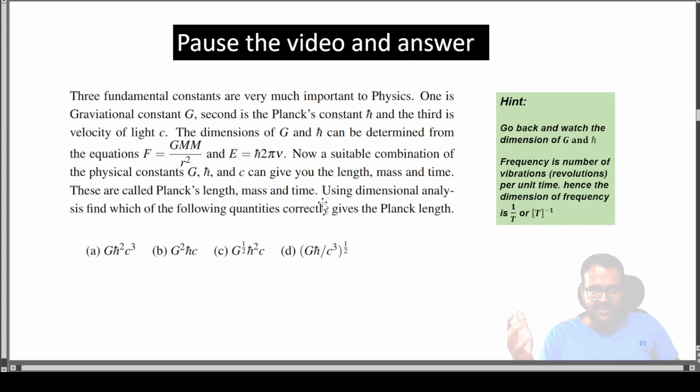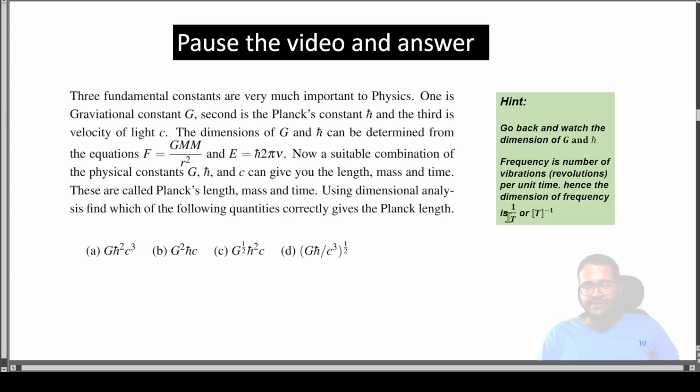So now, using dimensional analysis, find the following quantity which correctly gives you the Planck length. That means one of these four will have the dimension of length. You may pause here. If you are unable to do it, then go back and watch the dimension of G and h, which we have already done.